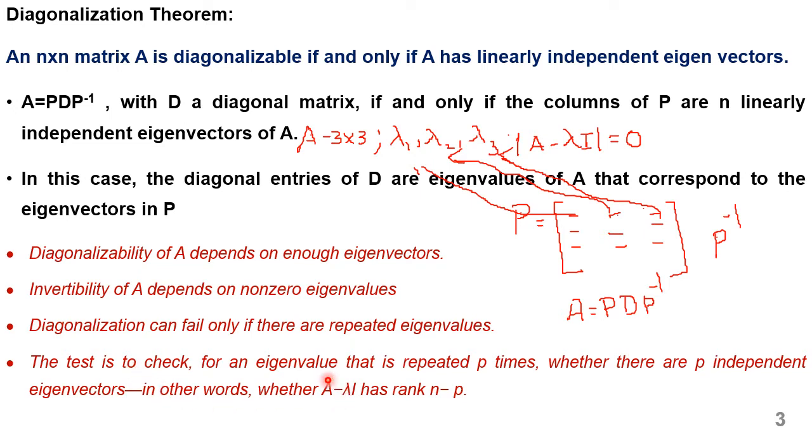Also, we should know that whenever there is a multiplicity of eigenvalues, we should get independent eigenvectors corresponding to each of the eigenvalues. A minus lambda I has a rank of n minus p, where n is the number of columns or the dimension of the matrix, and p is the multiplicity of the eigenvalue.